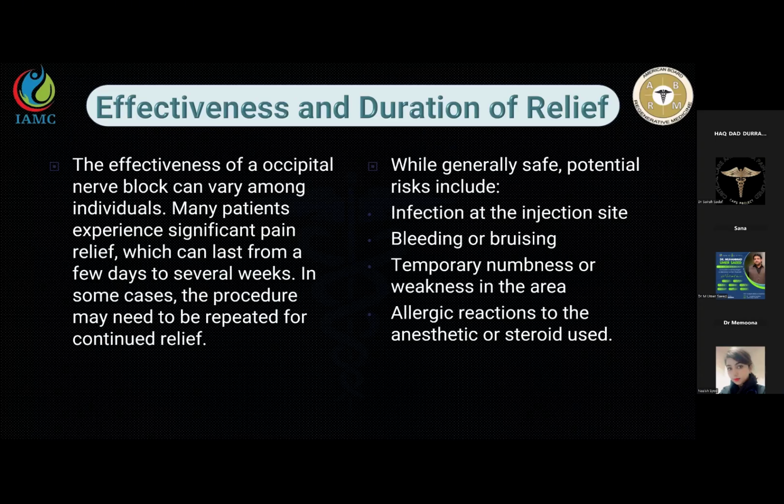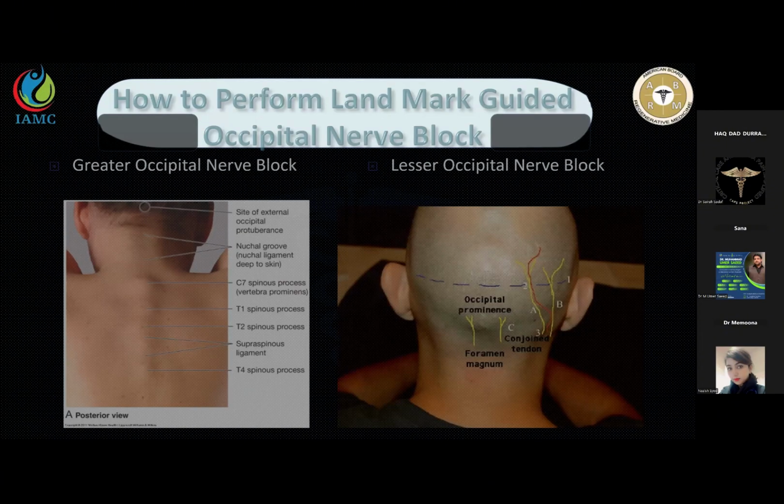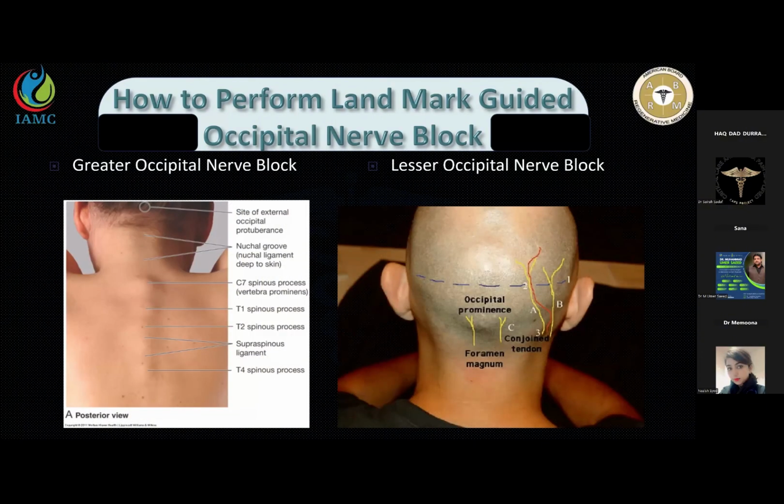So let's come to how we perform it. These are the important structures we should consider before giving the block to the patient. If you look at the back of the head, even now if you are sitting and listening to the lecture, just put your hand at the back of your head, and you will feel that there is a protuberance just above the neck.